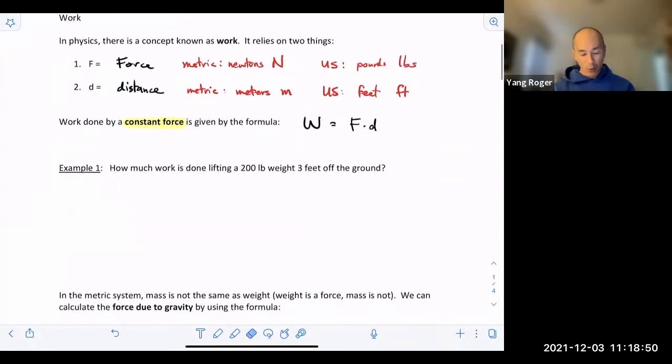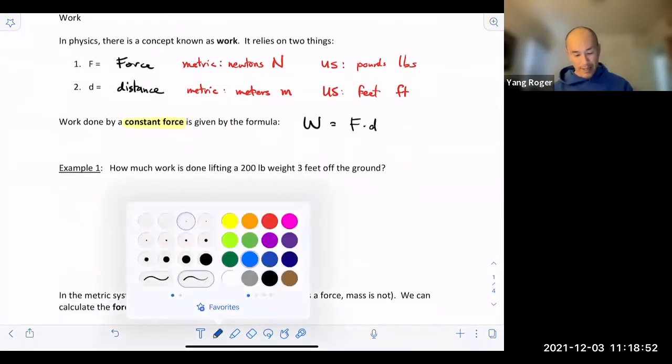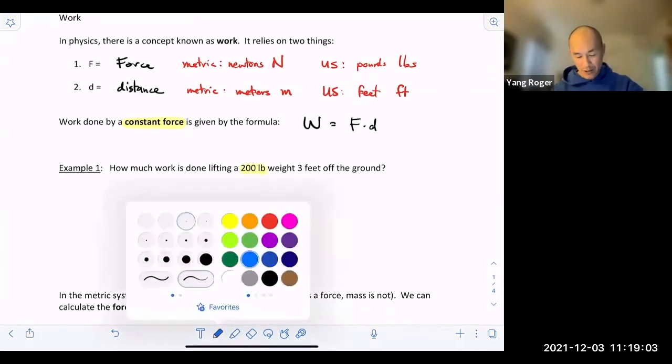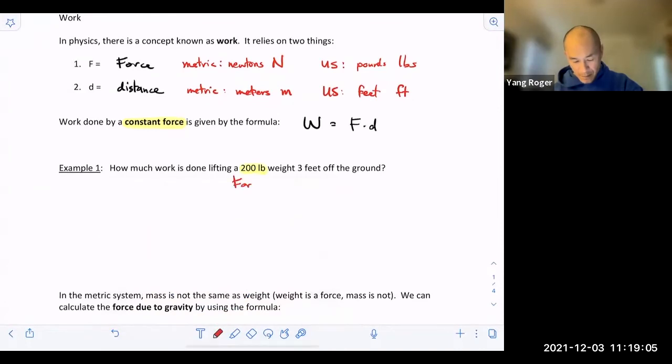So let's take a look at example one. In example one, we say how much work is done in lifting a 200-pound weight. So when I see this 200-pound, right away, I can think of this as my force. And when I see this 3 feet off the ground, that's going to be my distance. Okay.